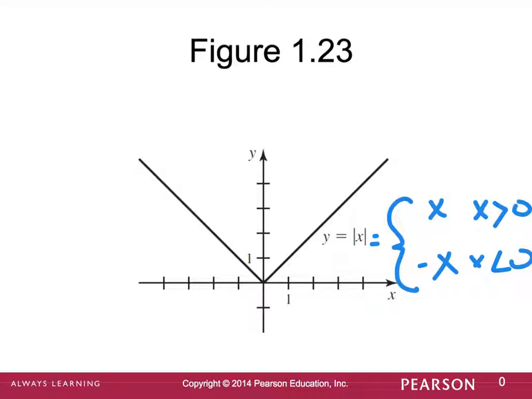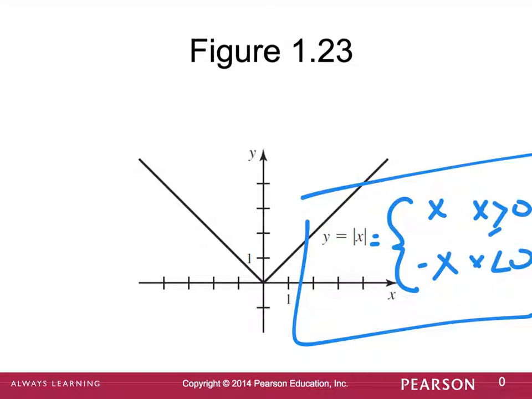And so then you might ask, well, what about when x is equal to 0? Well, we can just make one of these two constraints equal to, and it gives us this absolute value. Now, this idea right here is very important. You need to be able to take an absolute value function and split it into a piecewise.